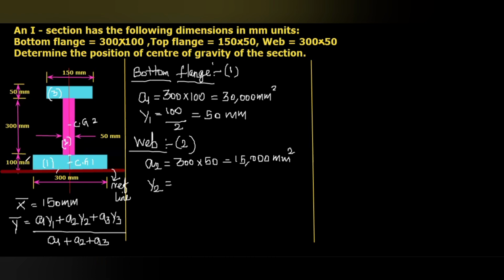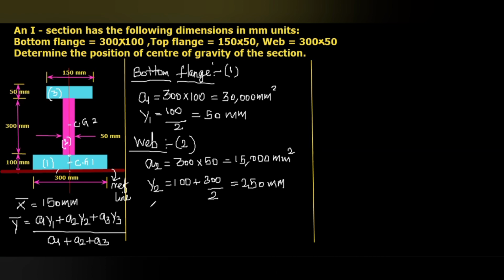So this 100 plus this 300 by 2. So here to here is 100, plus this distance, 300 by 2. The 300 by 2 is 150, plus 100, you will get 250 mm.